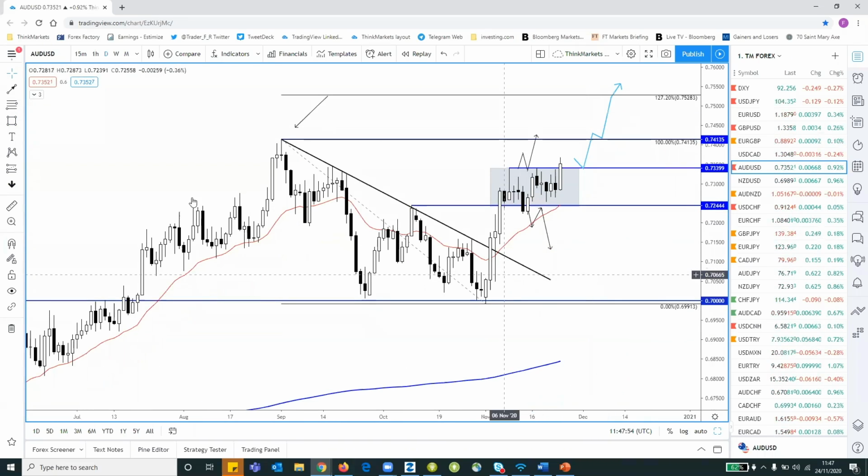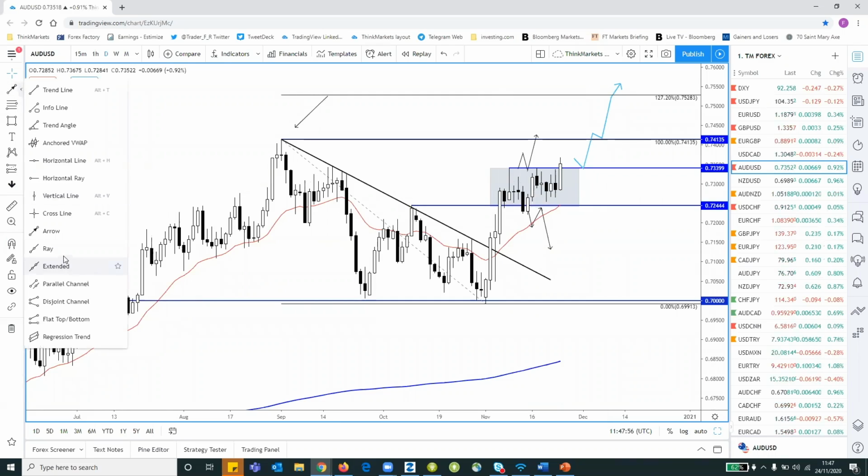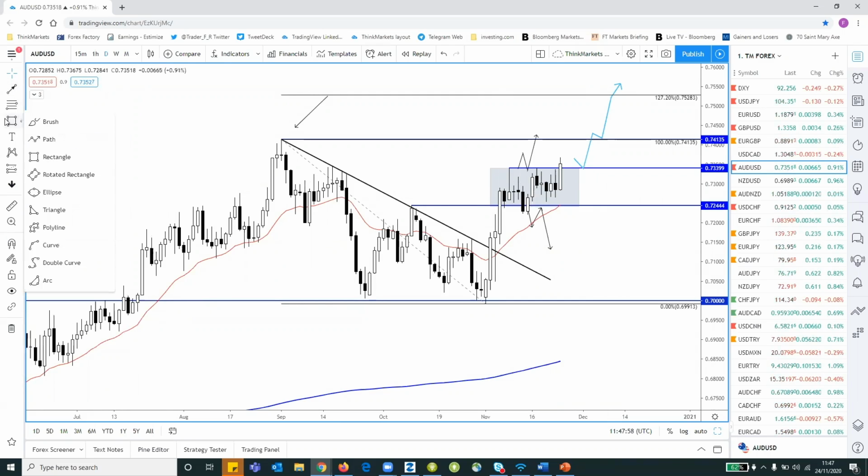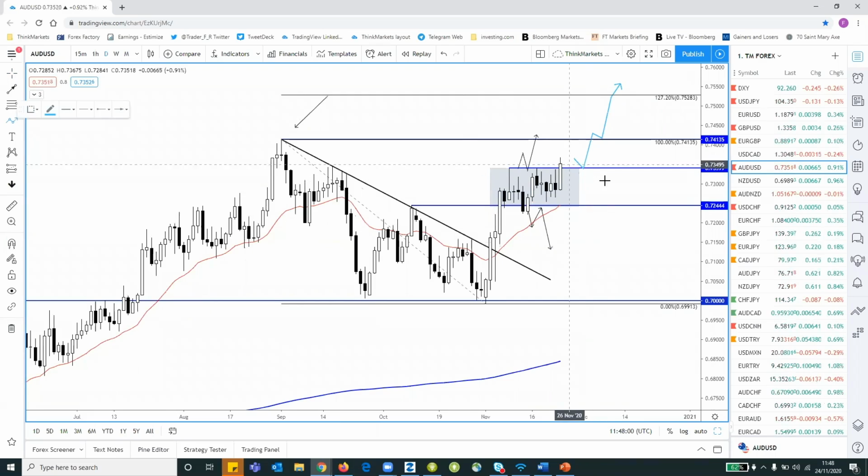Okay, so the alternative scenario is obviously if this breakout fails. So now we're above it. Let's say it comes back down and then goes back inside the range and it just drops. If something like that happens, then any rounded retest of this blue level could lead to a drop.